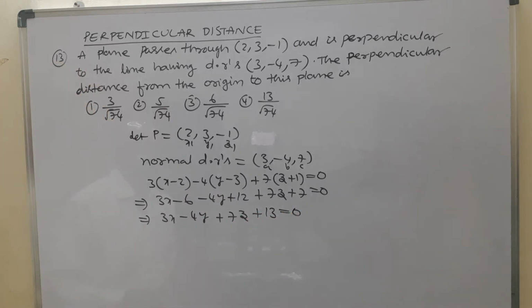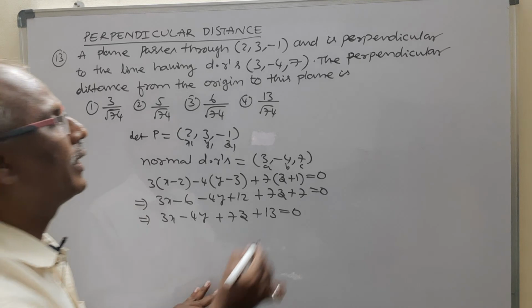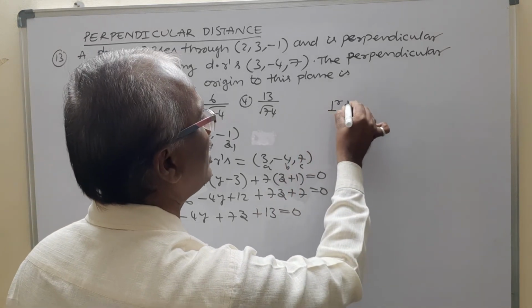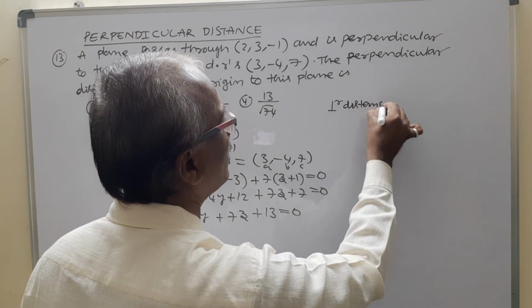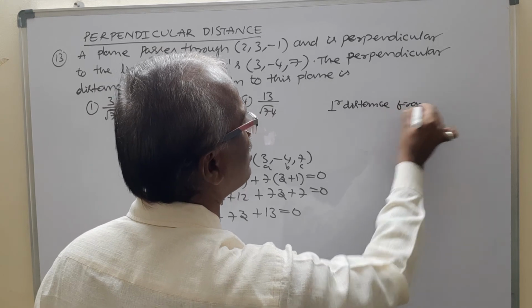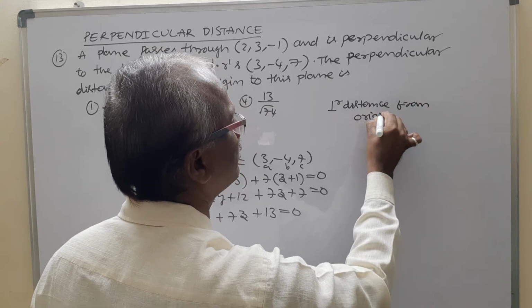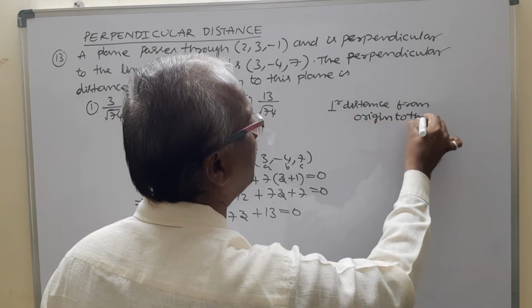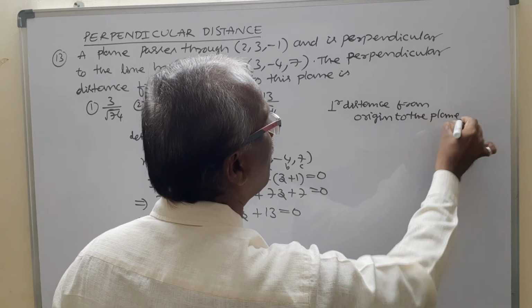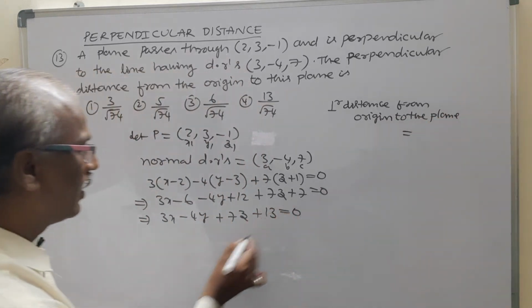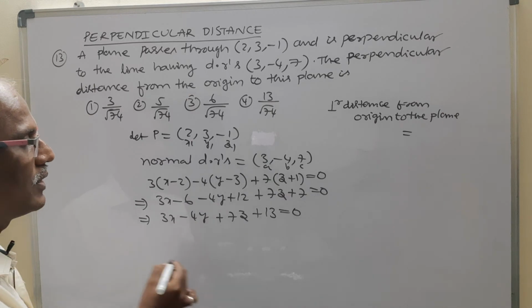Now to find the perpendicular distance from the origin to the plane, it is mod d by root of a square plus b square plus c square.